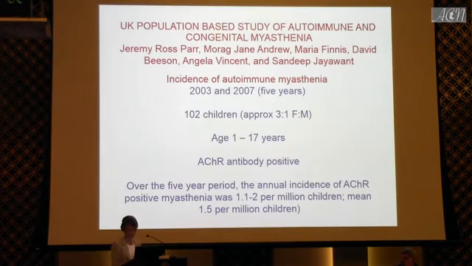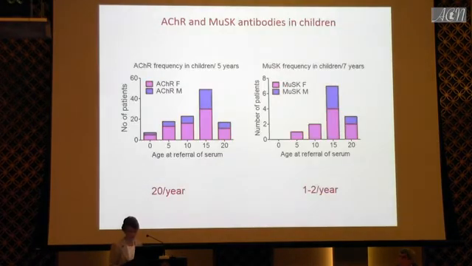So the annual incidence of AChR positive myasthenia was about 1 to 2 per million in children, and the mean was 1.5, so not very large numbers.